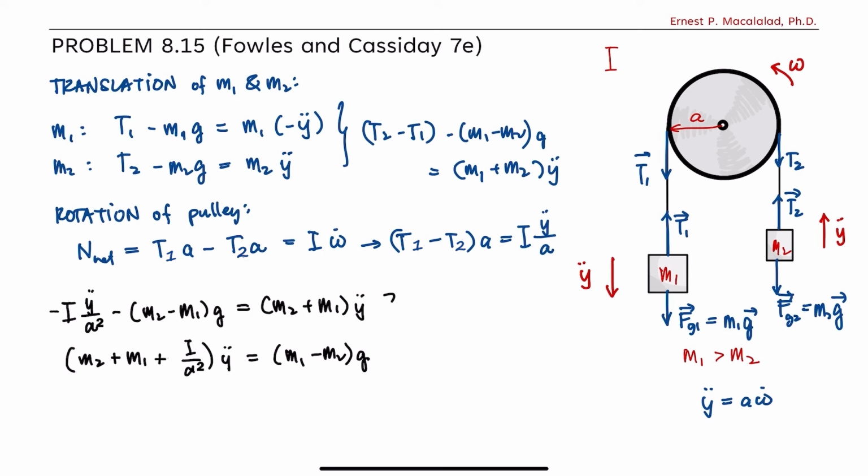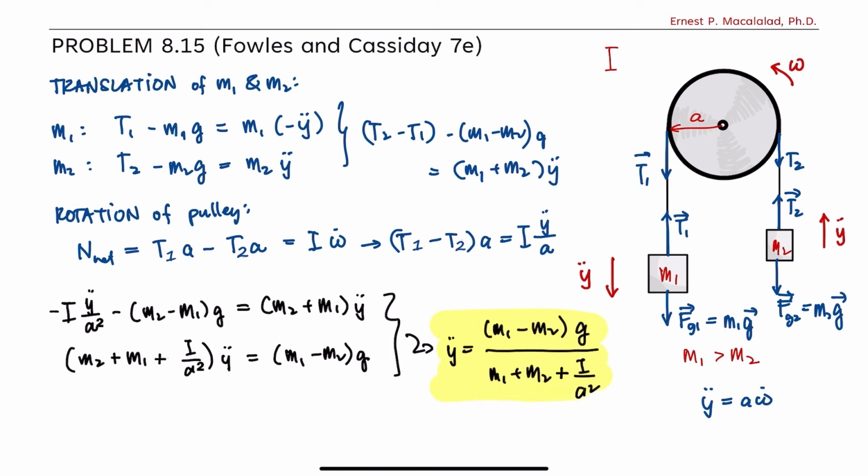Therefore, this gives us the expression for y double dot as (m1 minus m2) times g divided by (m1 plus m2 plus I over a squared). That's the acceleration of the weights, assuming that m1 is greater than m2 and ignoring the friction in the axle of the pulley.